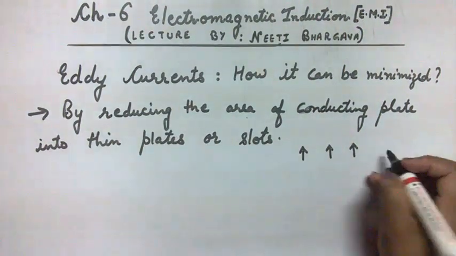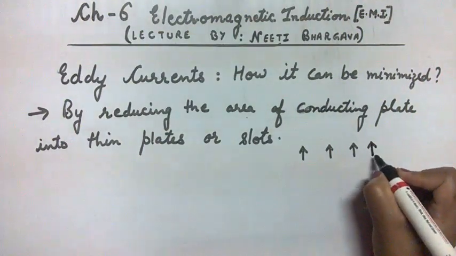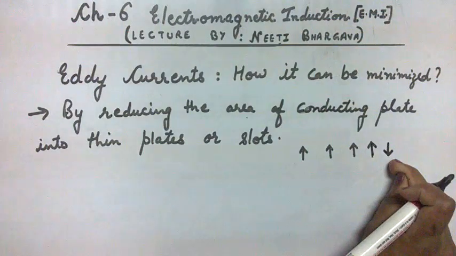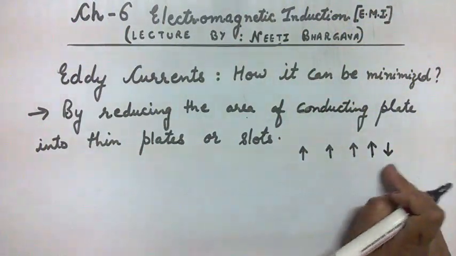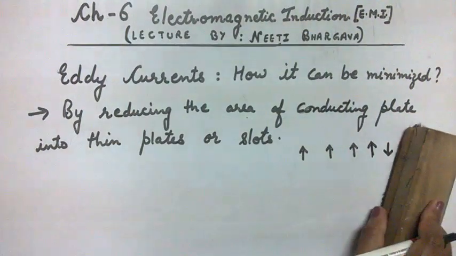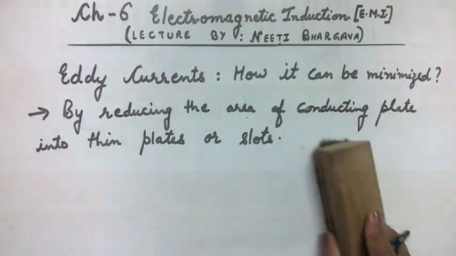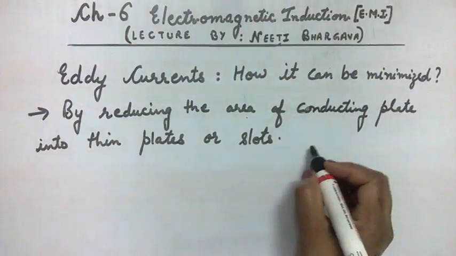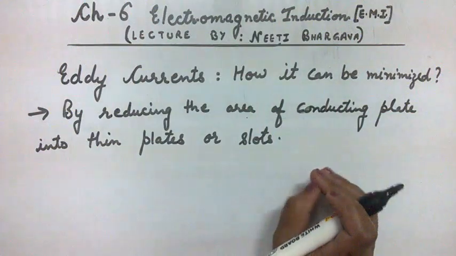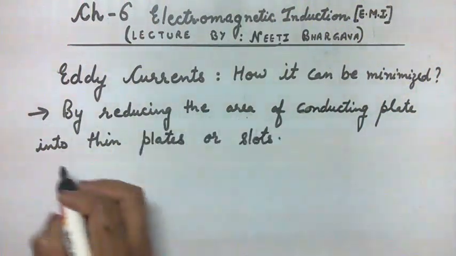Because of that, electromagnetic damping will increase, and this damping will decrease the motion or the amplitude of a conducting plate. This we have studied, and because of these eddy currents, the heating effect will be more, thus there is a loss of electrical energy.